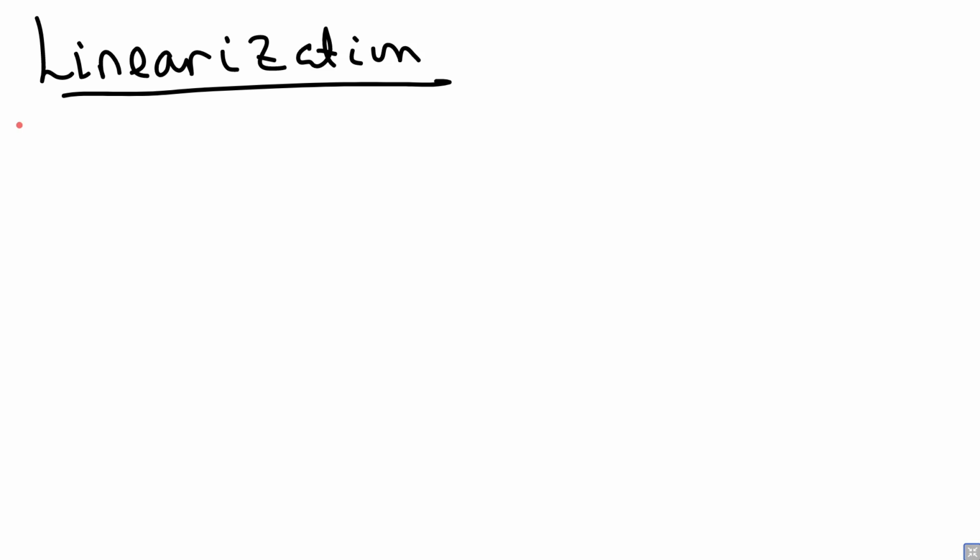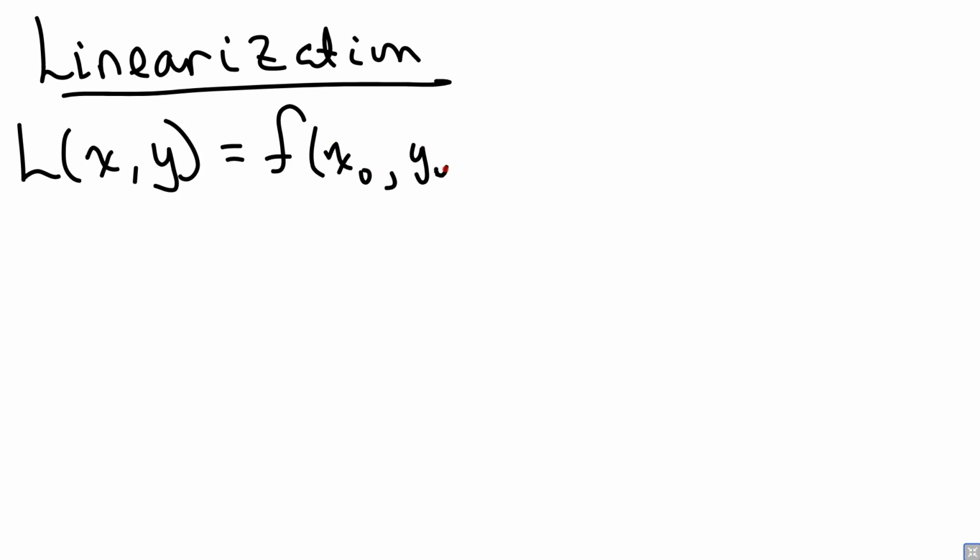Okay, so our formula that we're going to use for linearization is: if we have L of x, y, this is going to be equal to, we're going to evaluate the function at f of x sub 0, y sub 0.